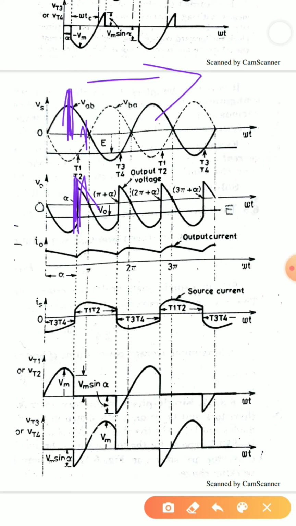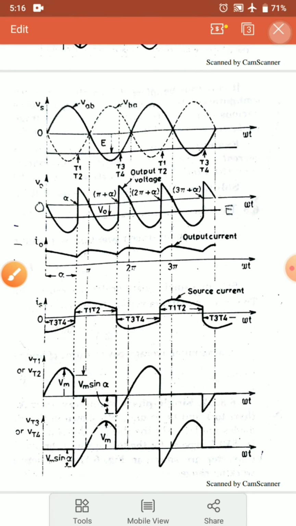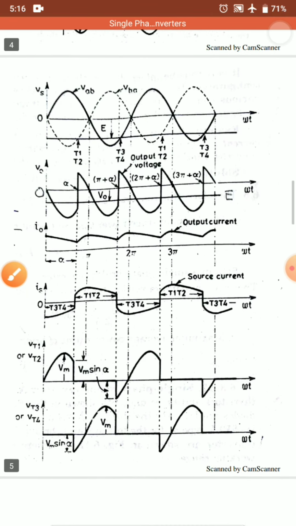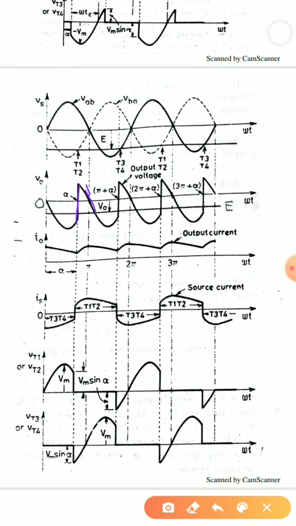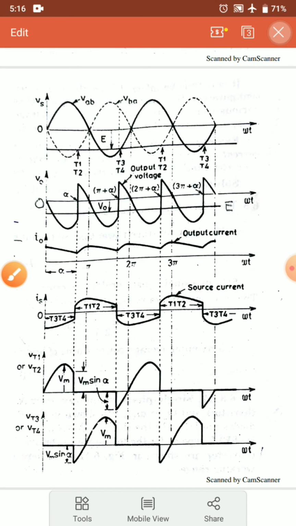For this I can see that from alpha to pi, my thyristor is on and I am getting this waveform, clearly because my thyristor is turned on. But if I look further, this is minus E, this is my 0 axis.